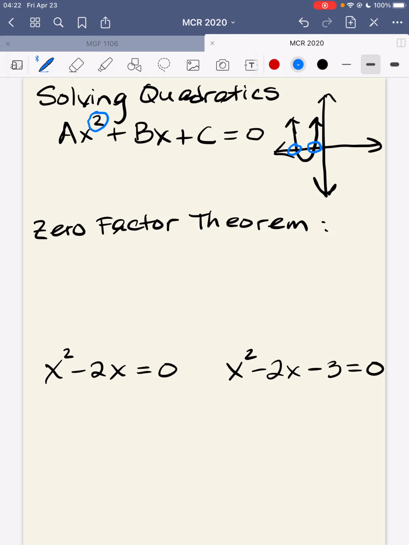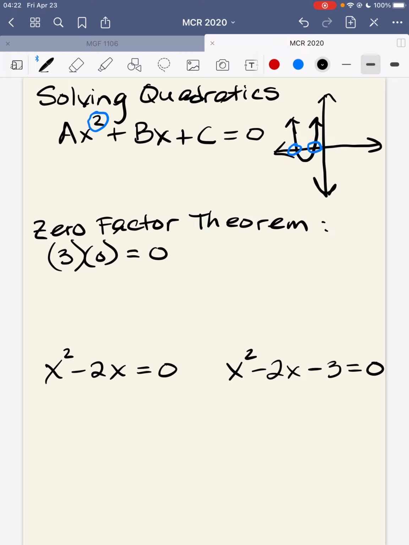Okay, so if we're solving this quadratic, we need to use something called the zero factor theorem. All the zero factor theorem is, if I have, let's say 3, and I multiply it by 0, I'm going to get 0. Okay? So anything multiplied by 0 gives you 0.